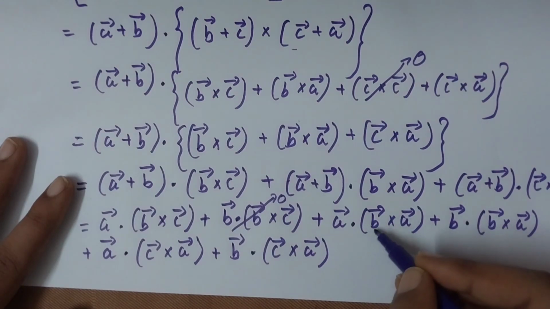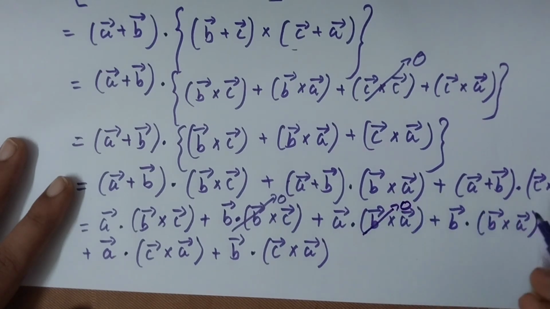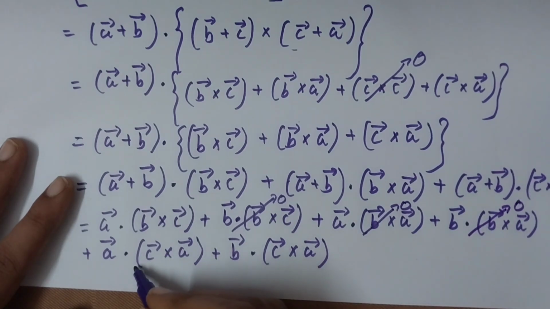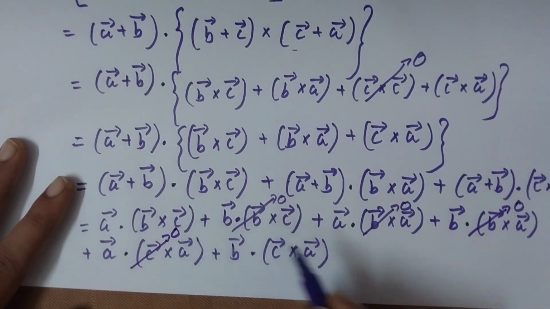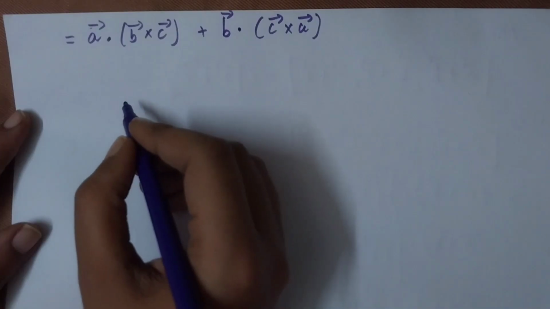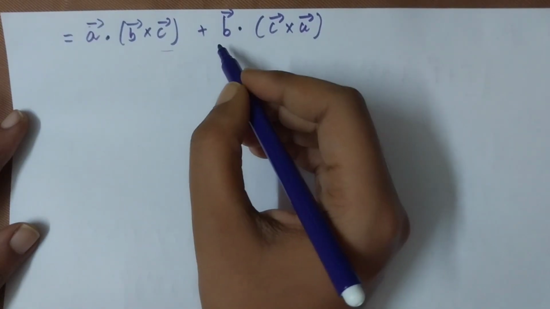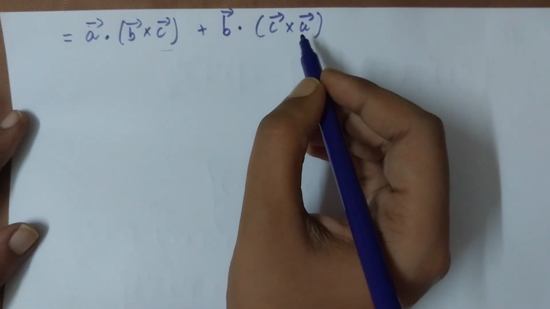So similarly, vector A dot B cross A is also 0, and vector B dot vector B cross A is also 0, and vector A dot vector C cross A is also 0. So the remaining terms are vector A dot vector B cross C plus vector B dot vector C cross A.